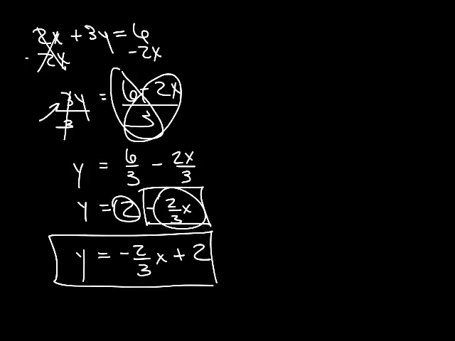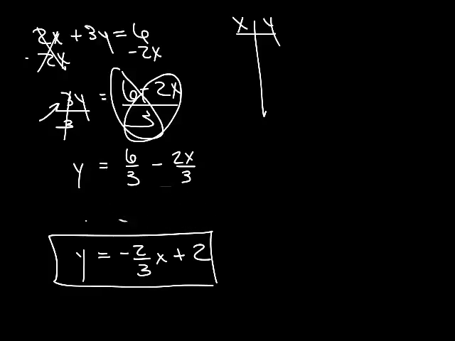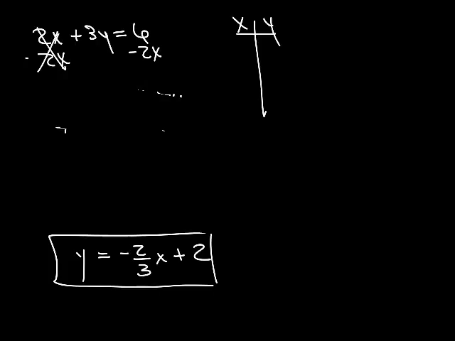The next step is to make a table and select convenient values of x. I suggest finding 3 x values we can put in there. Let me get rid of some of my stuff here. Alright, so there's my original equation.